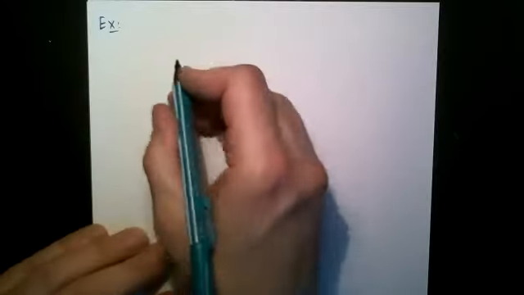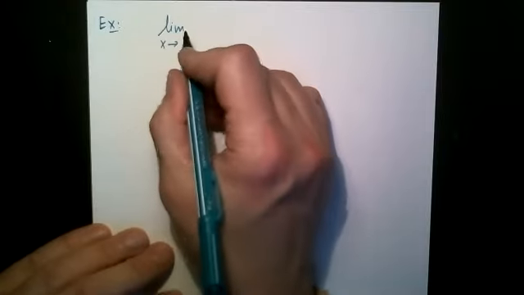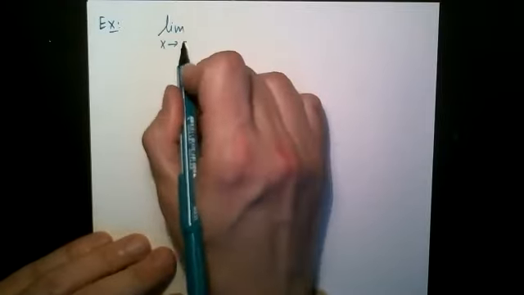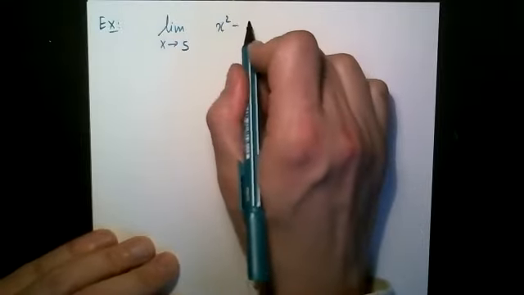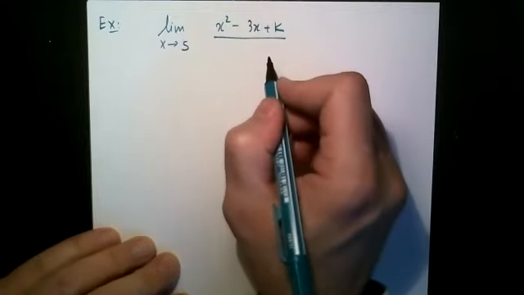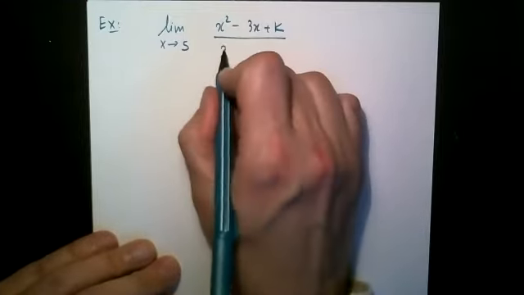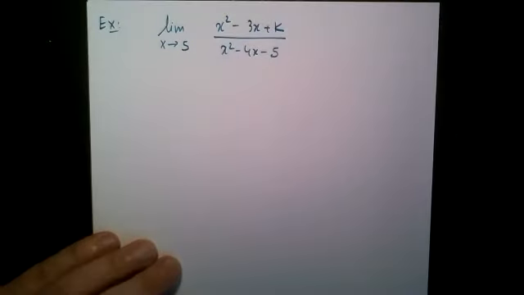So the limit as x approaches 5 of (x² - 3x + k)/(x² - 4x - 5).